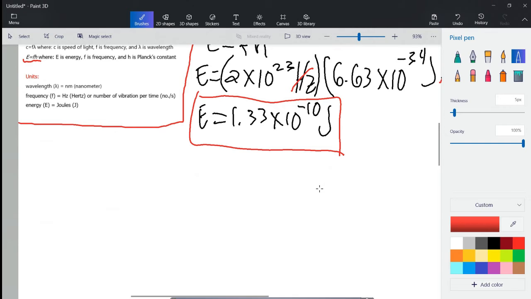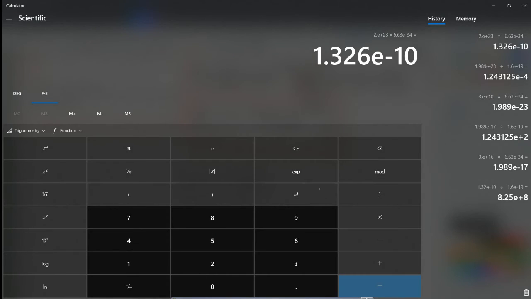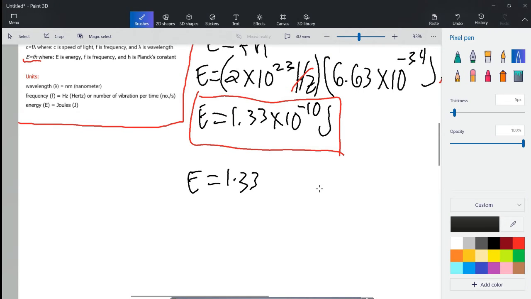Okay, so let's rewrite this. Energy is equal to 1.33 times 10 to the negative 10 joules. Let's convert this with an open and close parenthesis.